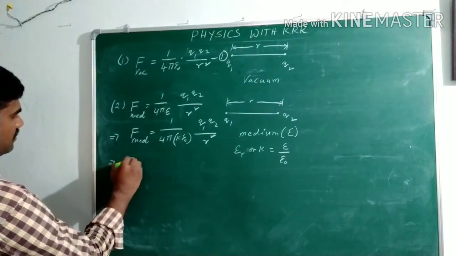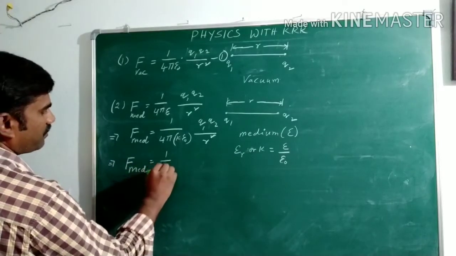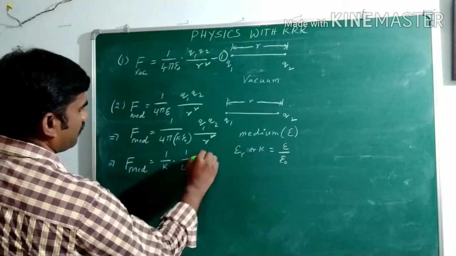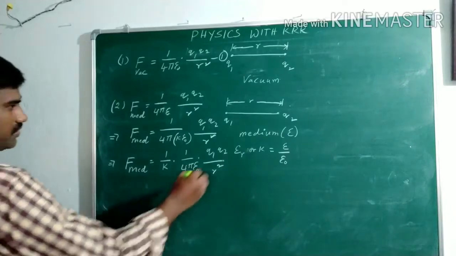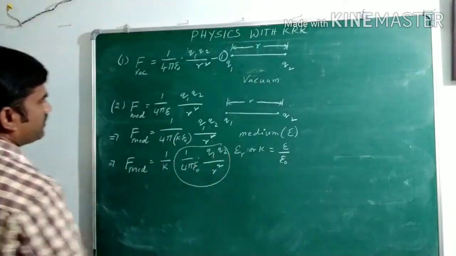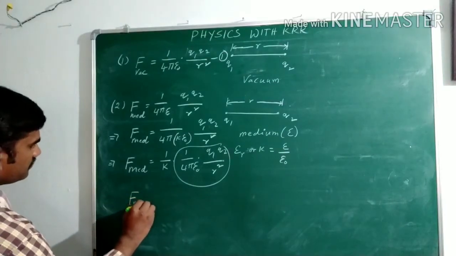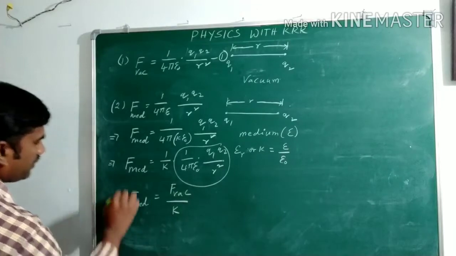That implies F medium is equal to 1 by k into 1 by 4 pi epsilon naught Q1 Q2 by r square. So this value we can represent with F vacuum. So F medium is equal to F vacuum by k.